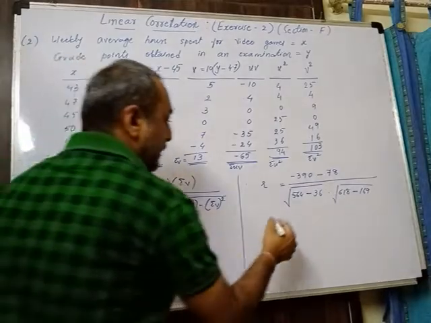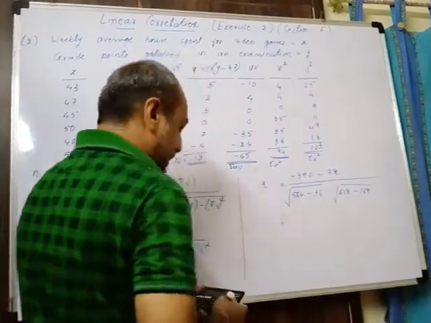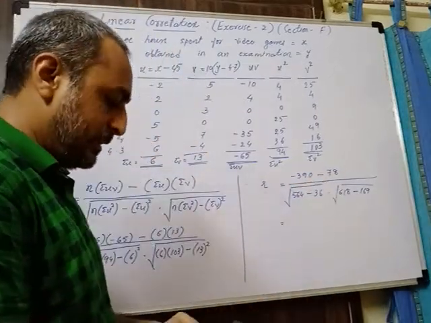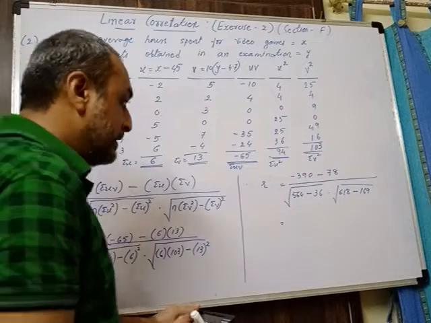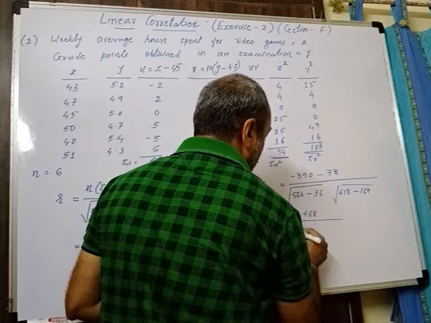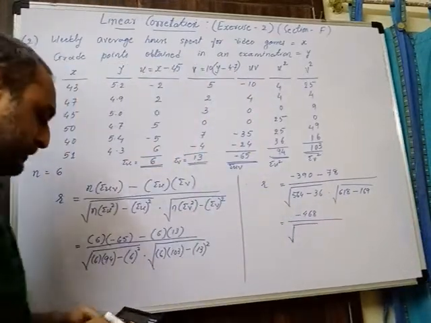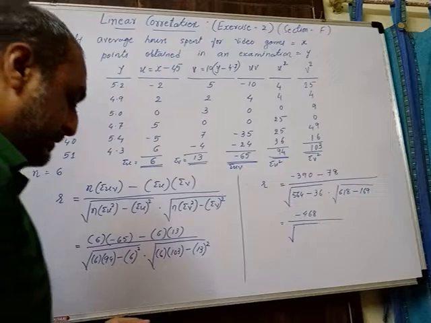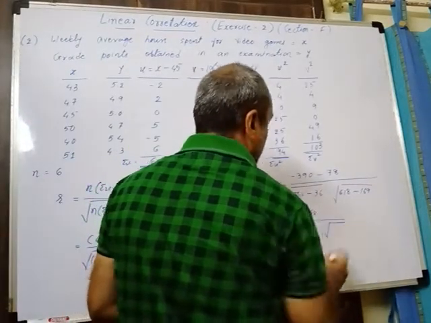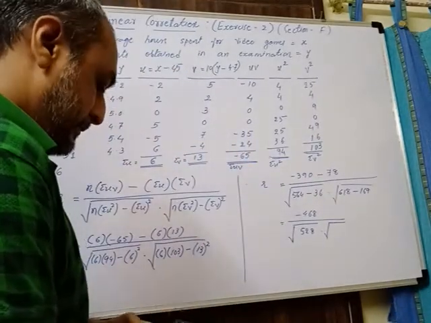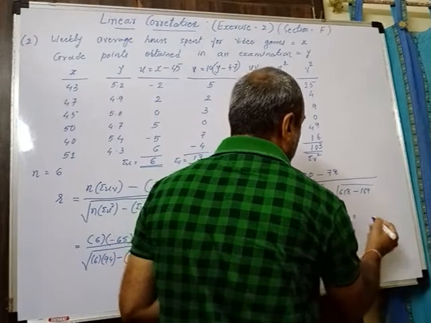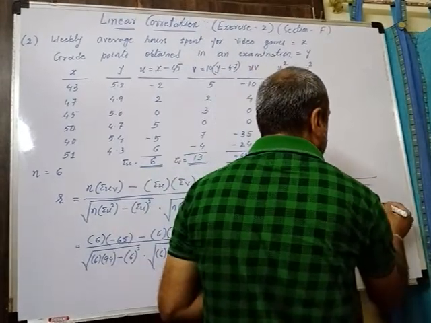Now accordingly minus 390 minus 78, so we have to add this value, but the sign will be negative. So 390 plus 78 comes to 468, but negative 468, divided by, into the first root, 564 minus 36, that is 528, into the another root, 618 minus 169, that is 449, that is equal to minus 468.